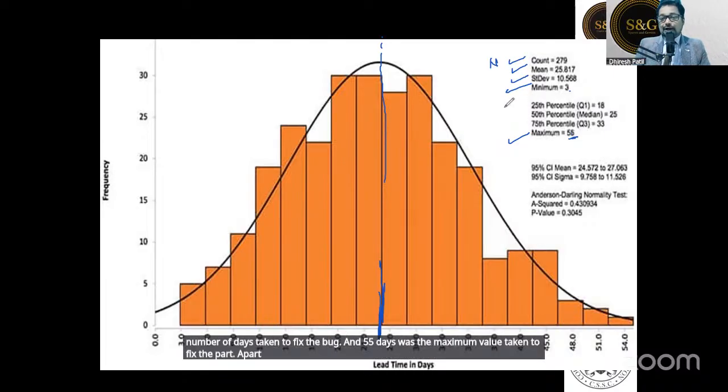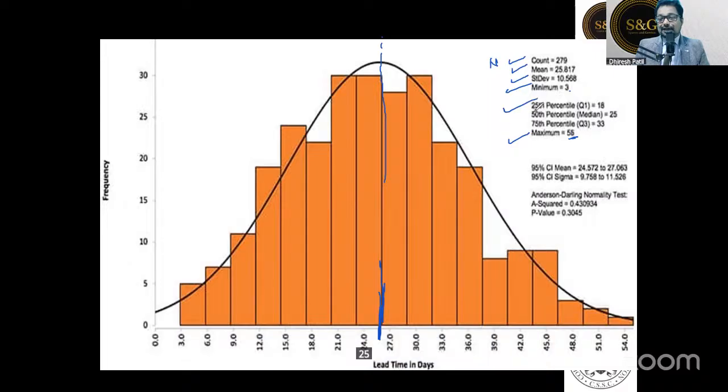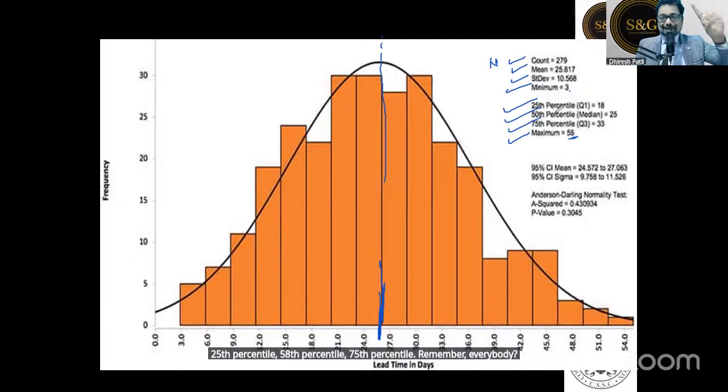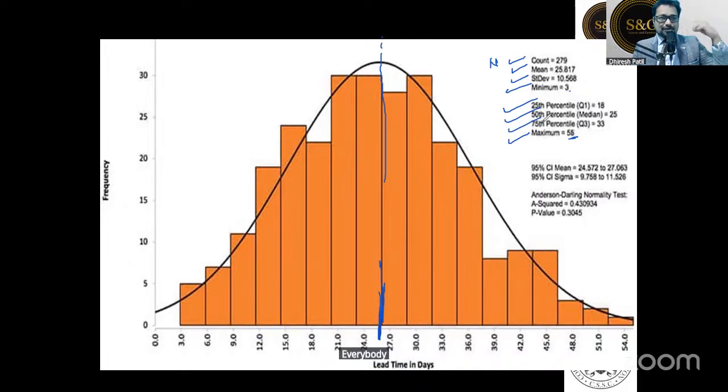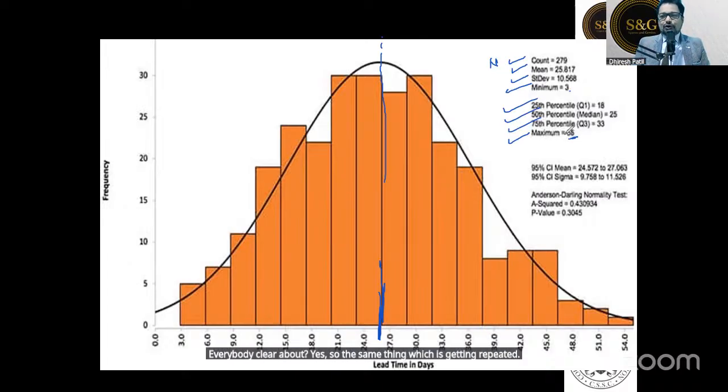Apart from that, 25th percentile, 50th percentile, 75th percentile. Remember everybody? First quartile, second quartile, third quartile, yes or no? Everybody clear? So the same thing is getting repeated. Of course, this was not made in Minitab. It's a different software. Then 95% confidence interval of mean and sigma.